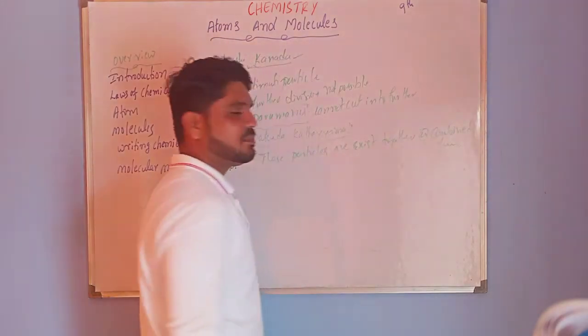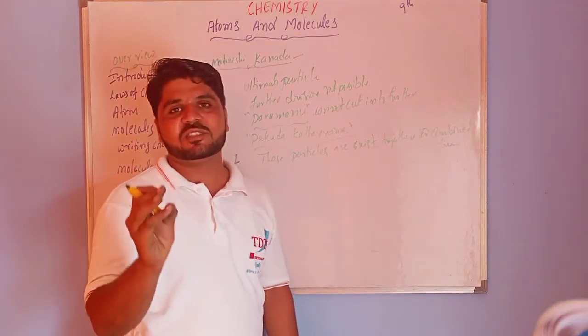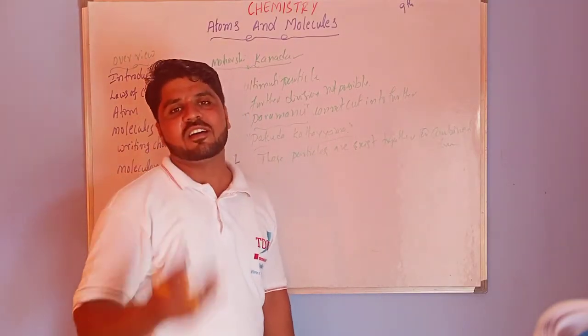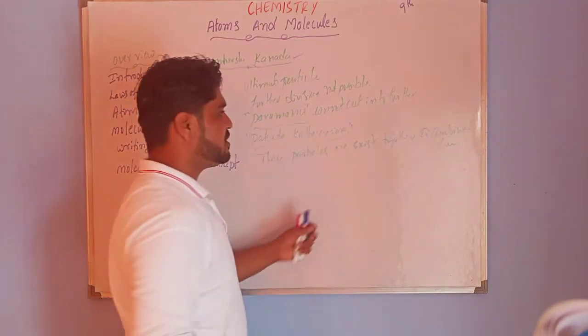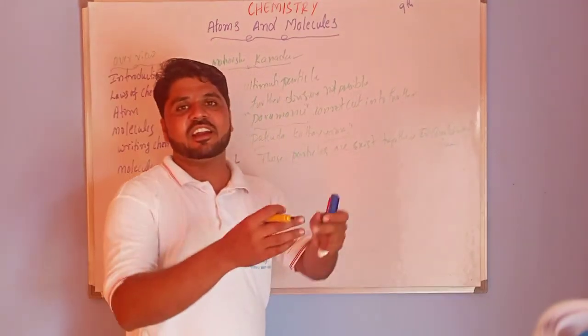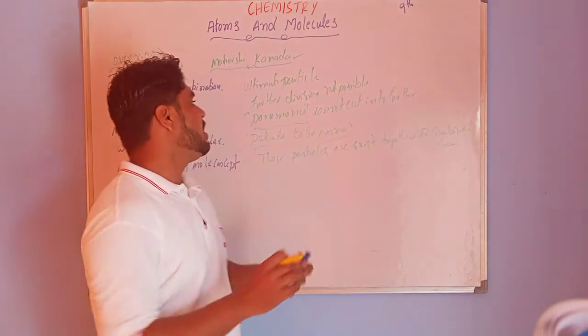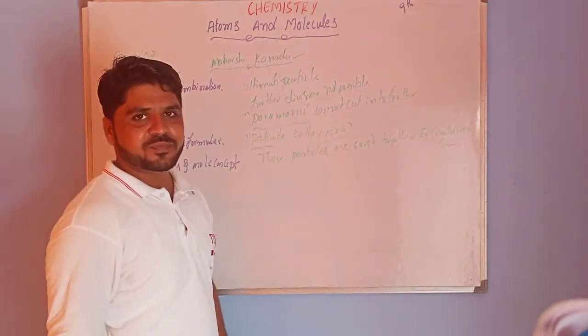That means the particles are very small. That's why we cannot see them with our naked eyes. These particles normally exist in a combined form, or together. This was told by Pakuda Katyayana.